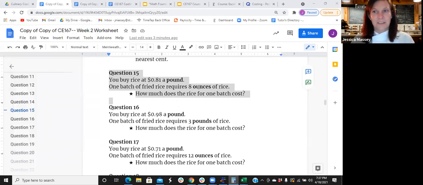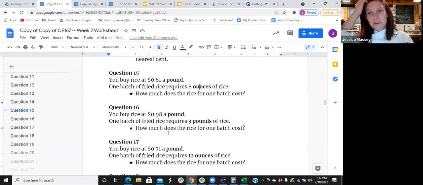It only works because 8 is exactly half of your pound. So when you have pounds and you have 3 ounces or 12 ounces, you're not going to be able to just do the math like that. So it's really good to understand how to get to your price per ounce or your price per unit of measure, and then multiply it by whatever your portion is, because that will throw you off at some point, I promise you.